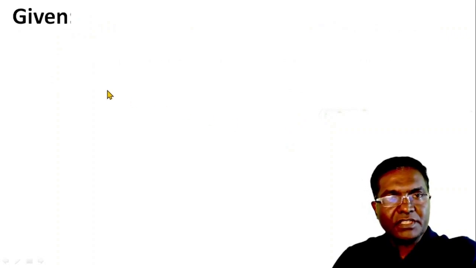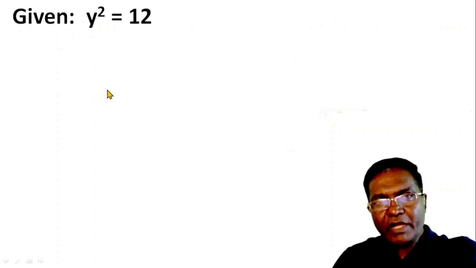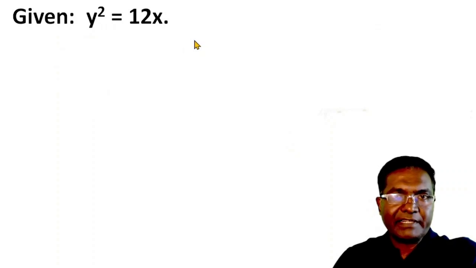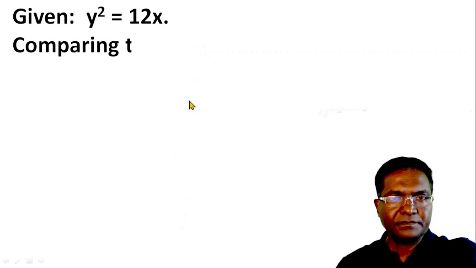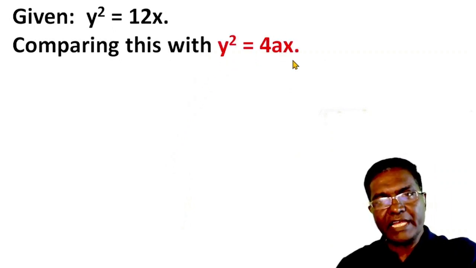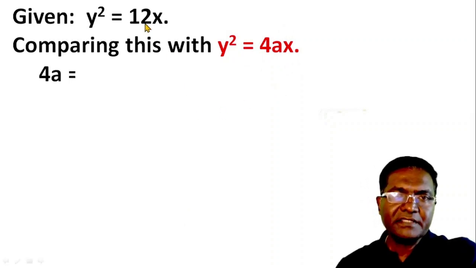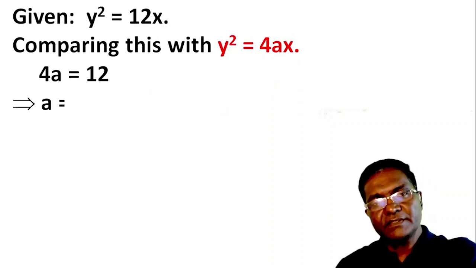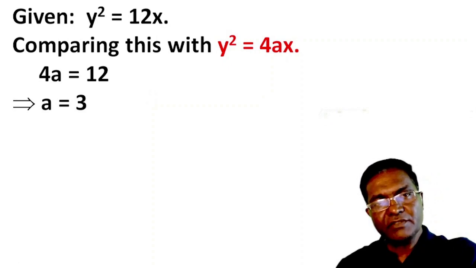Given y square equal to 12x, compare this with y square equal to 4ax. So 4a is 12. So a is 12 by 4, that gives you 3.